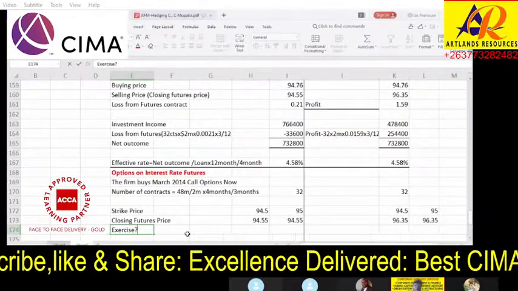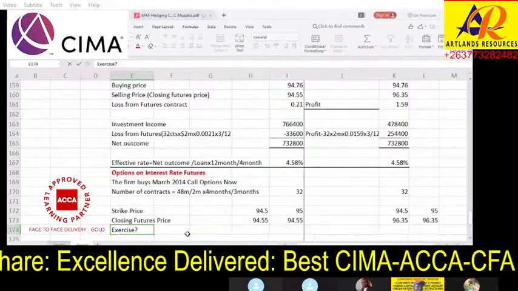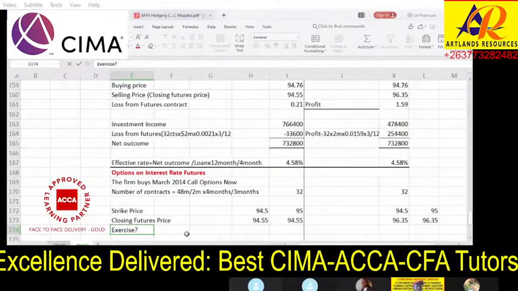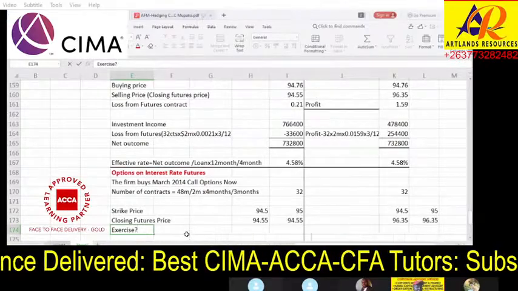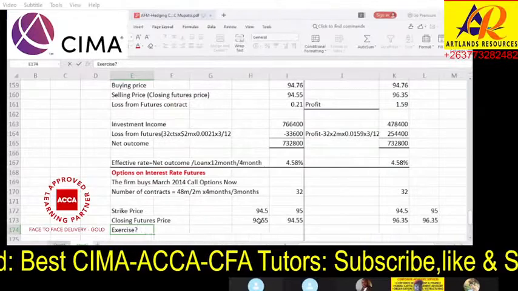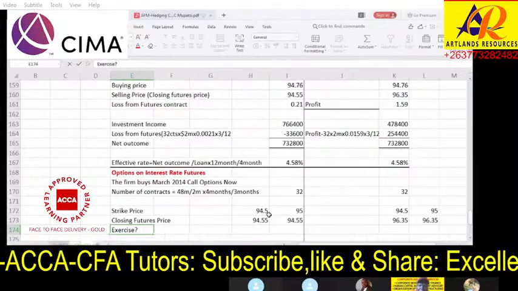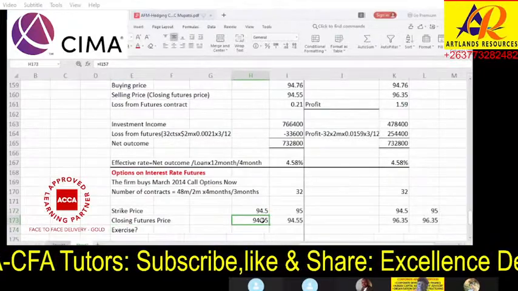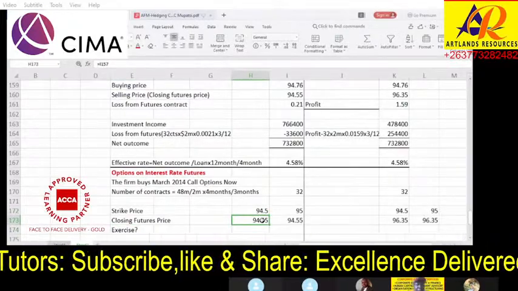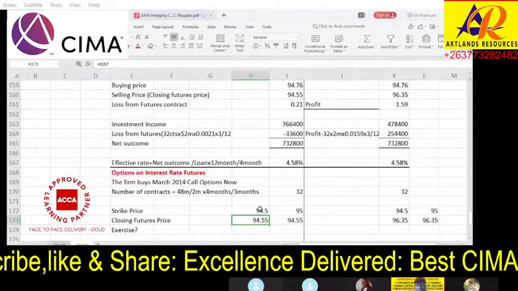Notice, remember I am a lender, meaning as a lender I am buying. So I am asking myself, can I buy at 94.5 or can I buy at 94.55? You do notice that it will be ideal to buy at 94.5.